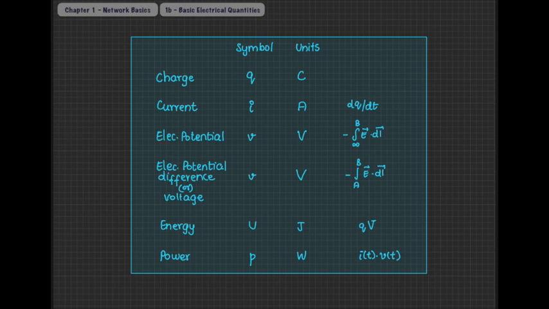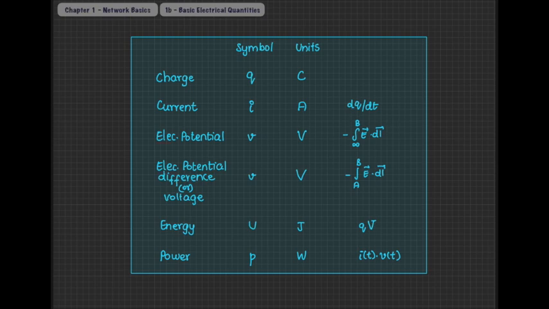So we discussed charge. Charge is given by the symbol Q, and this is the most basic electrical quantity of a given electric circuit. The unit of charge is the coulomb, represented by C, and current is the rate of flow of charges, which is given by dq by dt, and the unit for it is the ampere.